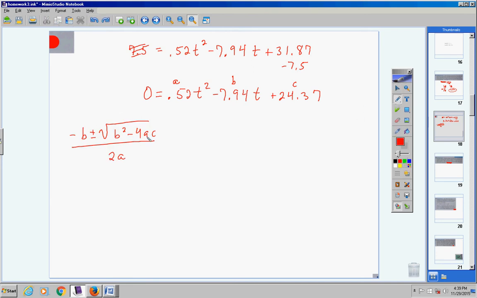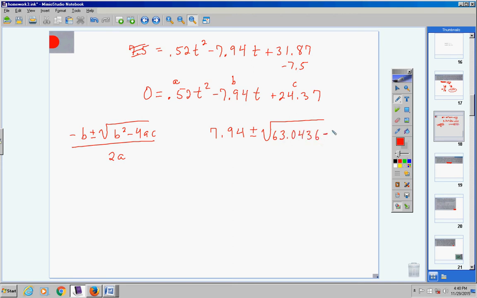Alright, so negative B, B's already negative, so negative would be a positive 7.94 plus or minus the square root of B squared, so 7.94 times 7.94 is 63.0436.